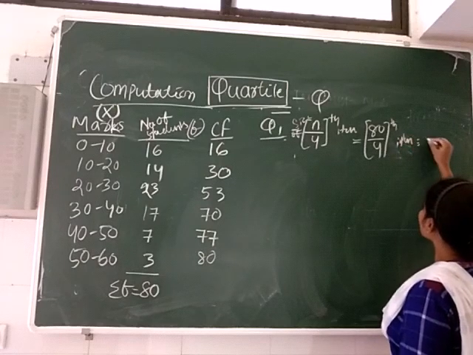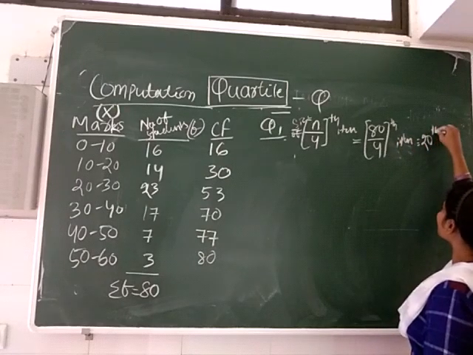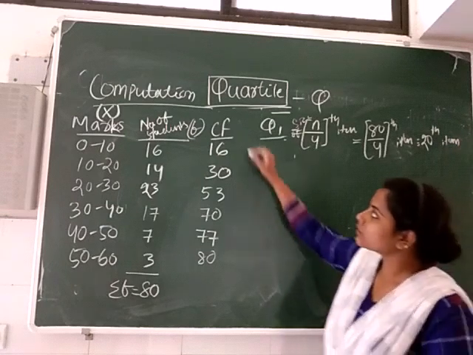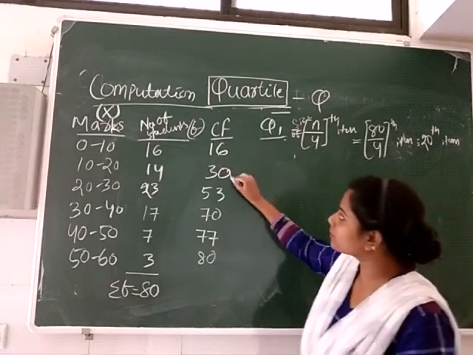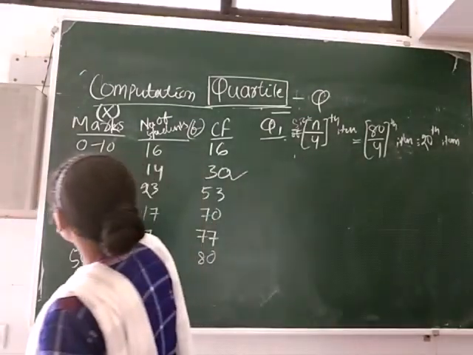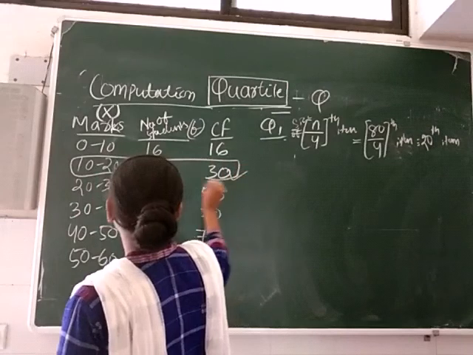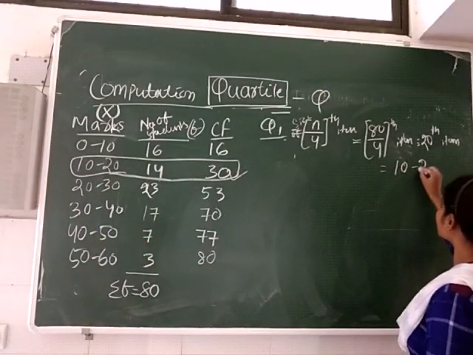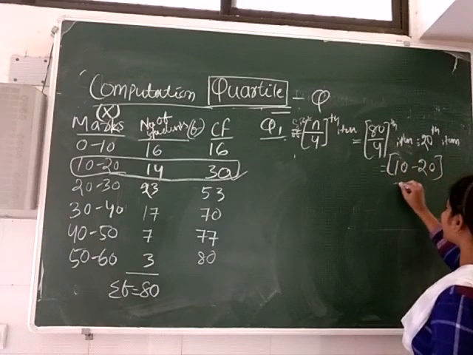So this will be the 20th item, and the 20th item comes under the cumulative frequency of 30. So the class will be 10 to 20. This is the quartile class.